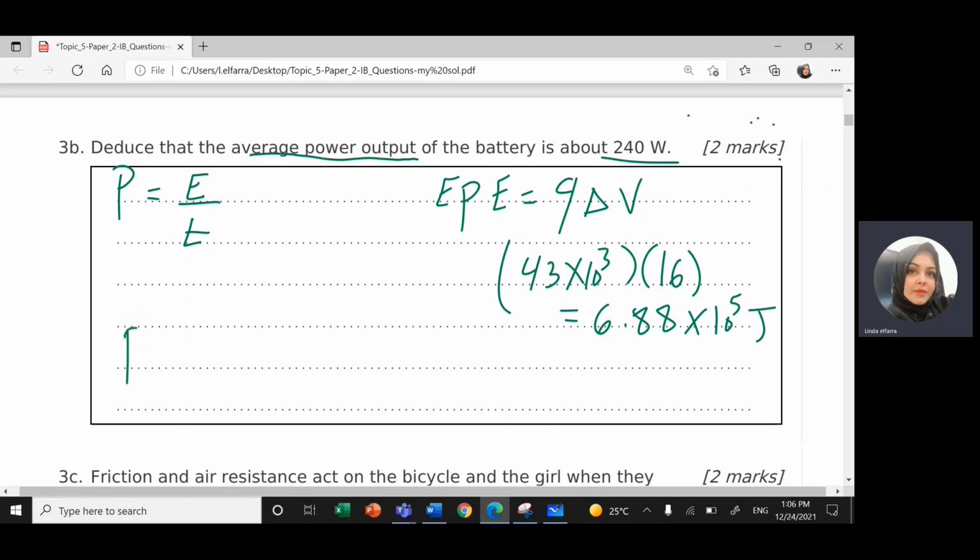So power will equal this amount of energy, 6.88 times 10 to the power 5, divided by the time we got from the beginning, which was 2,860 or 2,900.